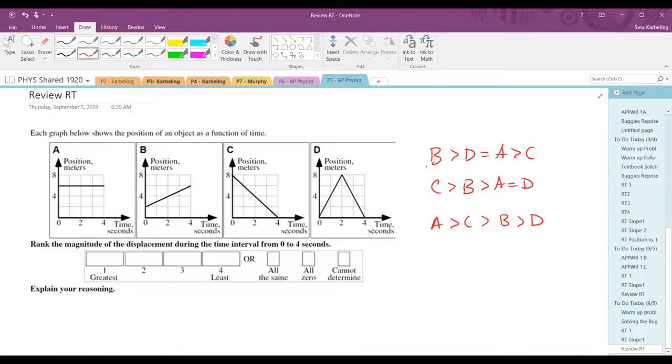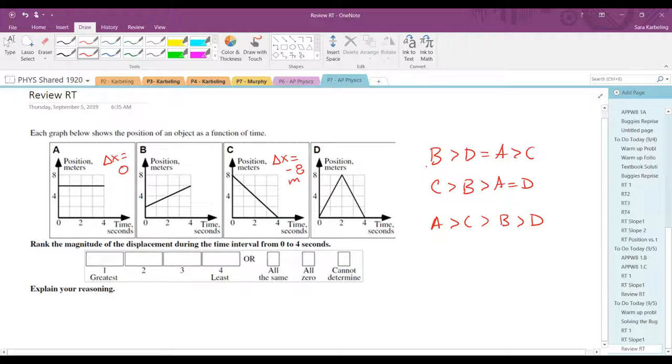What do we do? Well, displacement can be negative. Yeah, I agree. Okay, what does that mean? Tell me more. So that means it'd be less than the others because it's going -8. So you're saying that the displacement of C here is -8? Okay. And the displacement of A, that doesn't go anywhere. It's staying still.